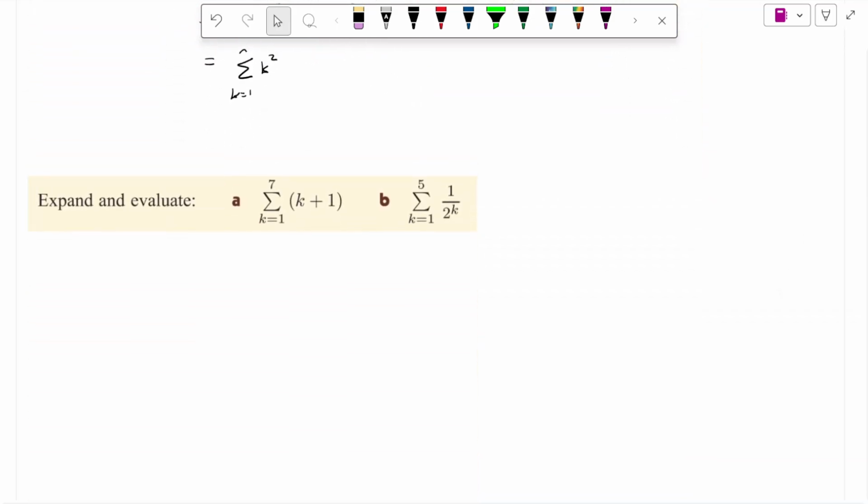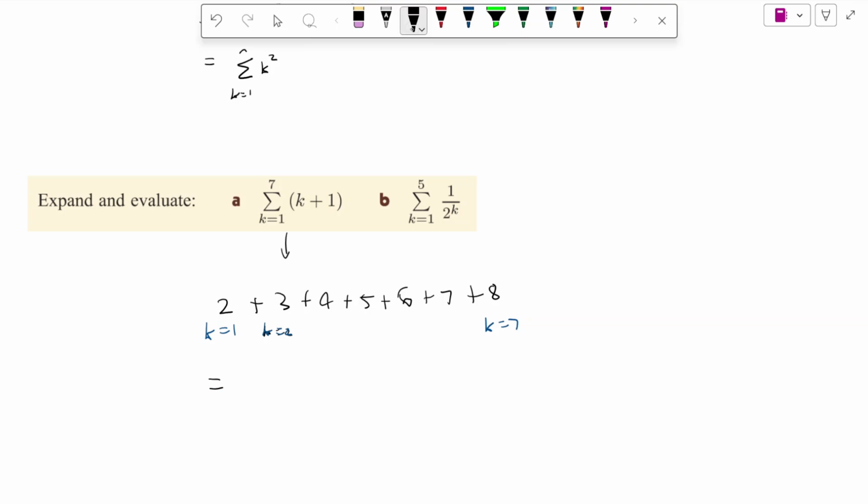Okay, expand and evaluate this. So we'll do it by hand first. So when k is 1, I'm just going to write underneath, k plus 1 is 2. When k is 2, k plus 1 is 3. So you're essentially going to get 2 plus 3 plus 4 plus 5 plus 6 plus 7 plus 8. And the 8 will be when k is 7 because 7 plus 1 is 8.